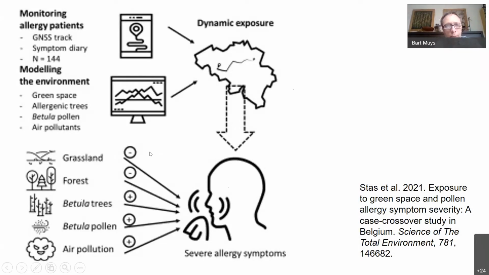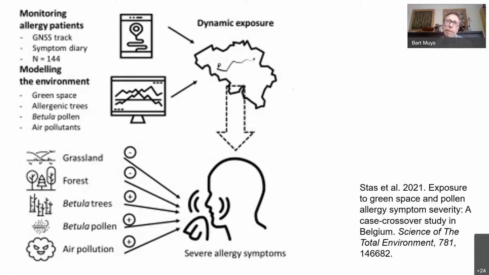This more dynamic study showed again that the presence of grassland and forests in the environment where people come have a negative effect on the severity of their allergy symptoms, and that the presence of allergenic trees, in this case birch trees and pollen, but also the overall level of air pollution, has a positive effect on their allergy symptoms. So again, here we see that the overall presence of nature and green elements where people come has a mitigating, improving effect on their symptoms.